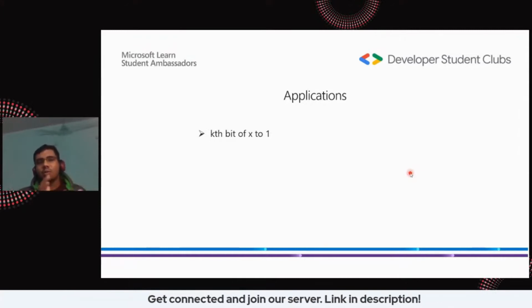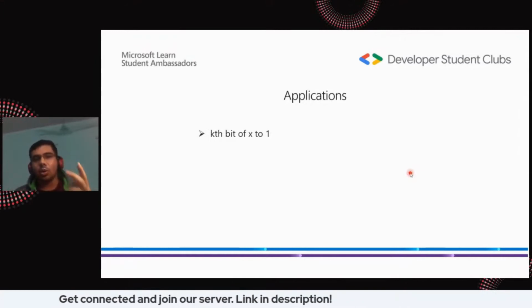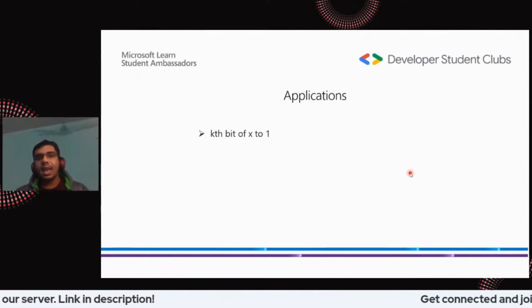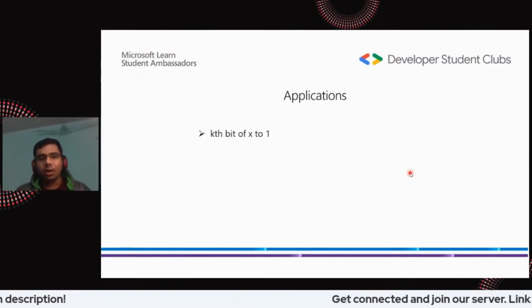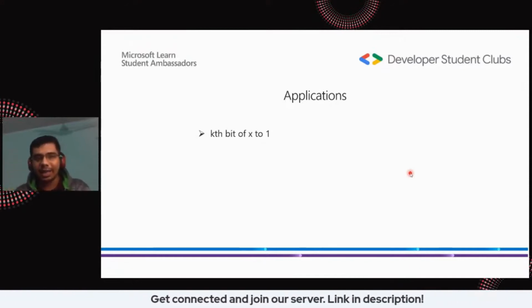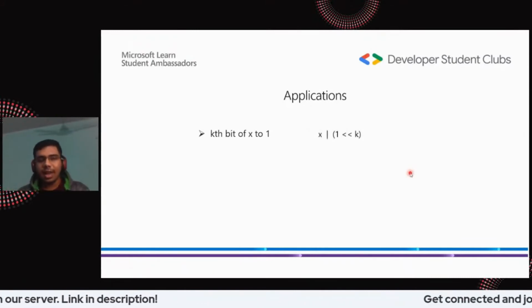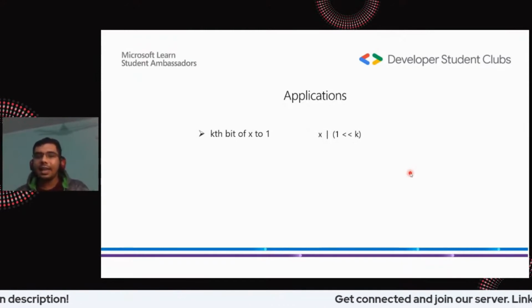Let me discuss some small applications of this. So, set the kth bit of x to 1, right? If you need to figure out the exact kth position bit of x, and you need to change it to 1, then you can use an operation like this, say x OR left shift.